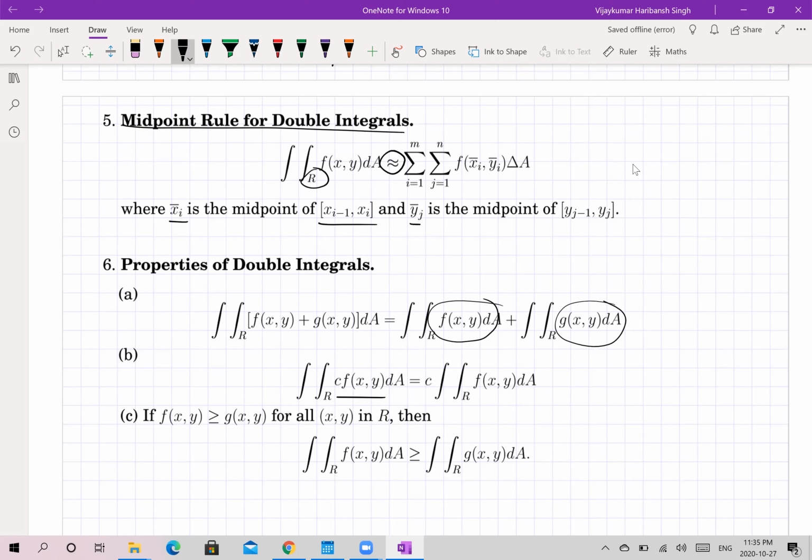And if f of xy is greater than or equal to g of xy, then the integral of f of xy is also greater than or equal to the integral of g of xy. Of course, in all these we have the region R. In this lecture it's a rectangle, but these properties are true for general regions as well.